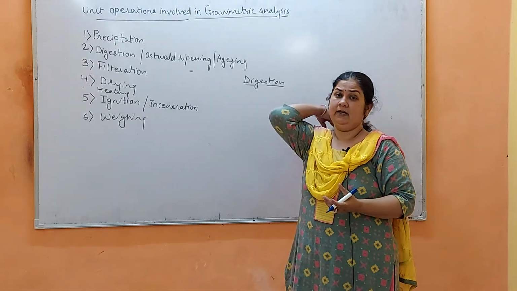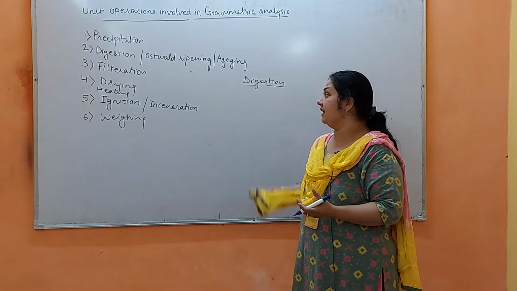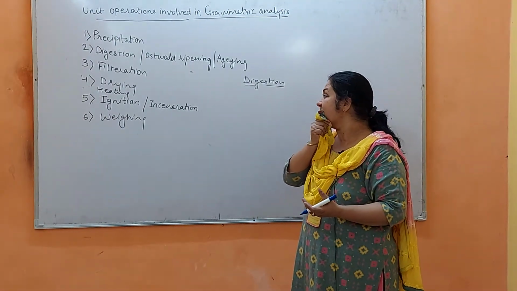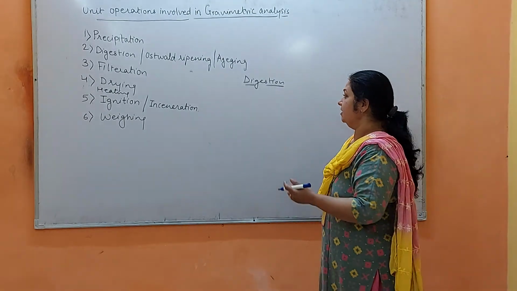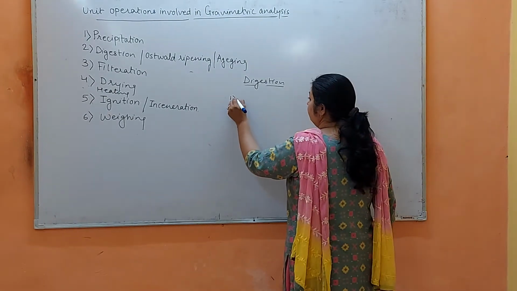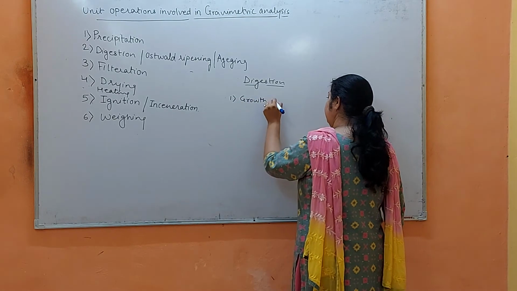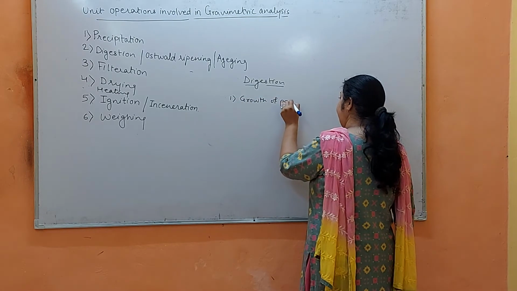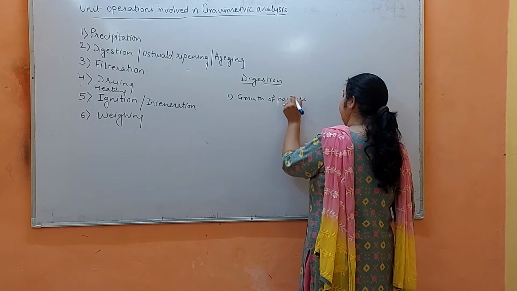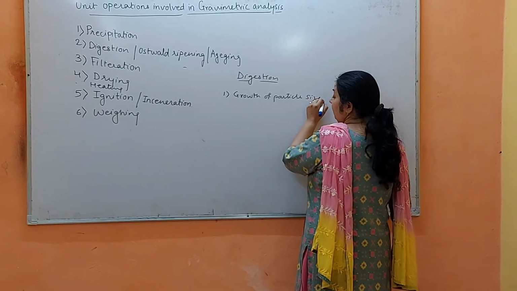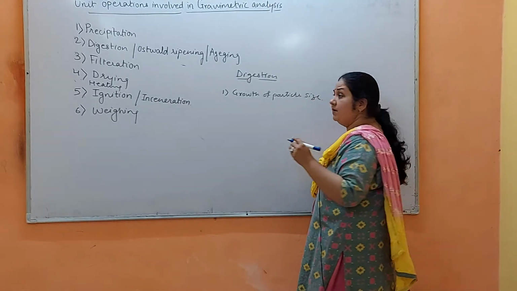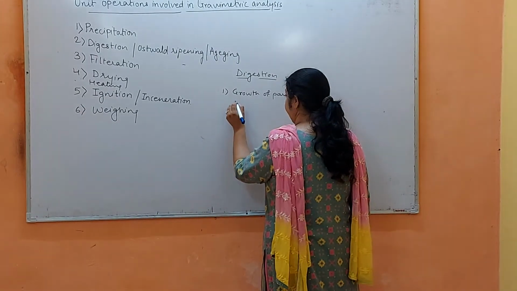Now see, this precipitate grows in size through digestion. So first of all, it is for growth of particle size. Then it also removes the adsorbed impurity on it.